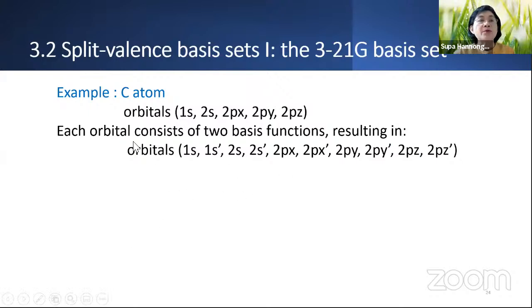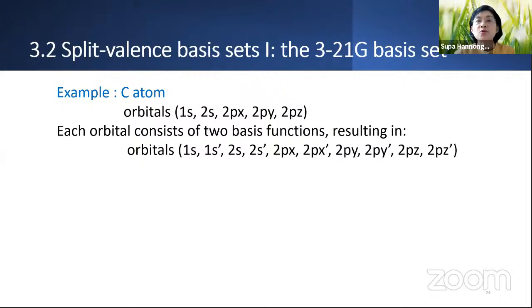An example about the carbon atom: you remember that the carbon atom consists of the orbitals 1s, 2s, 2px, 2py, and 2pz.